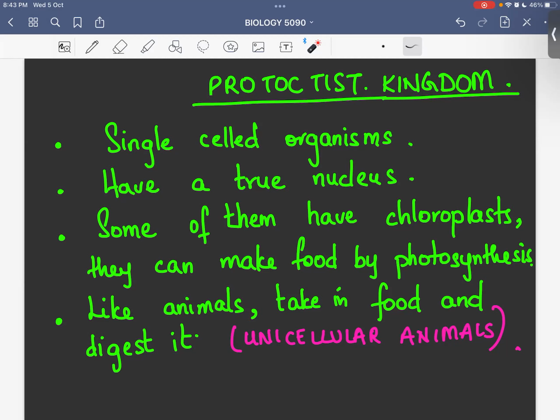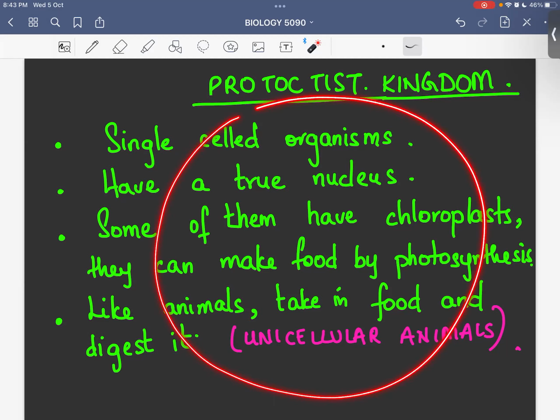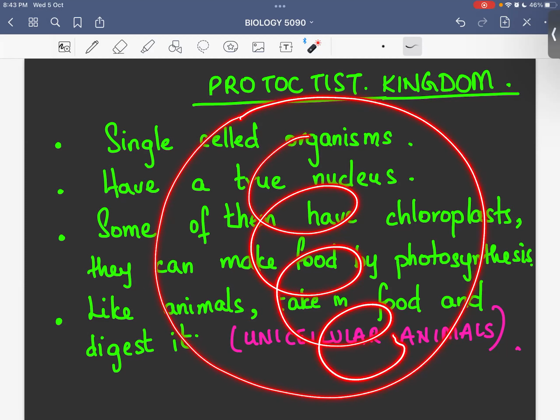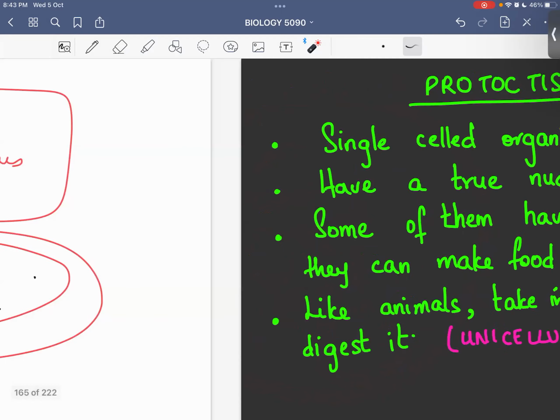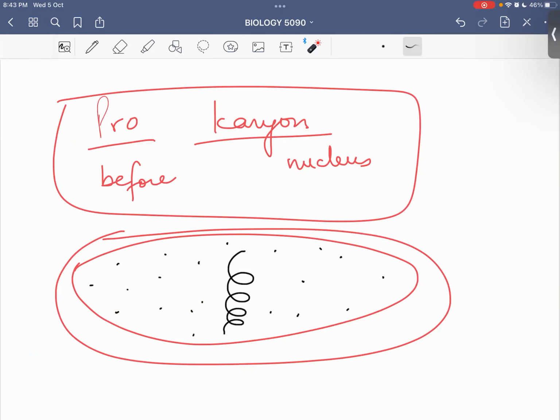They are single-celled. They have a true nucleus. What do you mean by they have a true nucleus? Miss, that they have a nucleus which doesn't divide or anything. True nucleus means they have a nuclear membrane, and inside the nuclear membrane is the DNA. These are the bacteria. We say that these don't have a true nucleus.